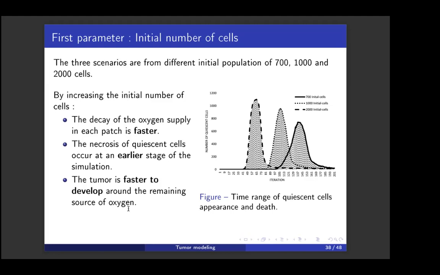The tumor develops faster around the remaining source of oxygen. These are intuitive results, because if we have more cells in the initial population, more cells will be diseased, and we see the quiescent appearance and the deaths are faster.